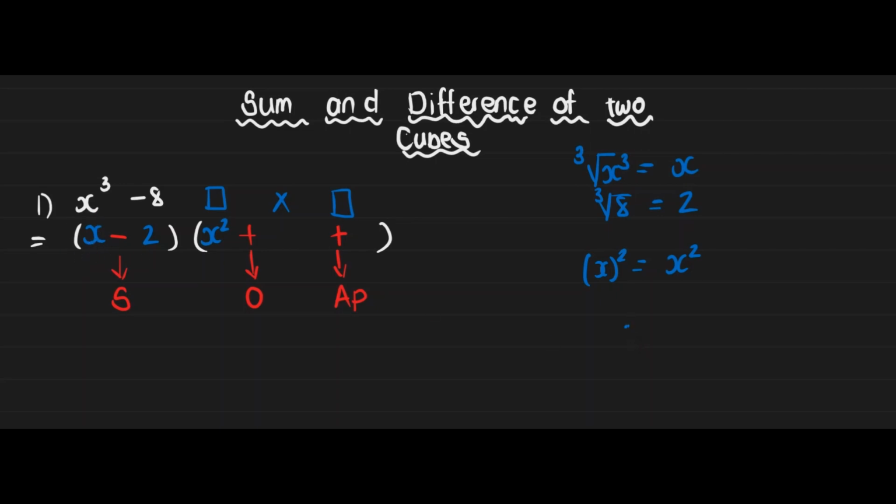So we need to say x multiplied by 2, which is the same as 2x. So this one comes here. And the last one, we need to square what? The last term, which is 2. So 2 squared is going to give us what? 4. So this one is going to be 4. And this will be your final answer for this question.